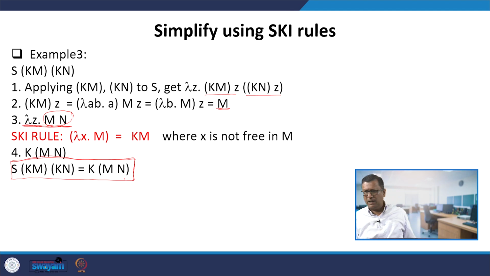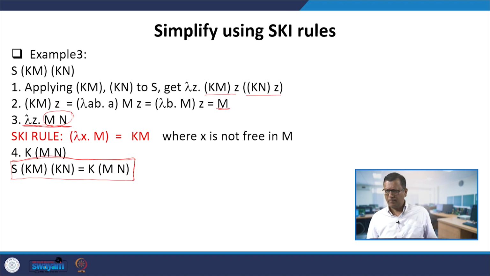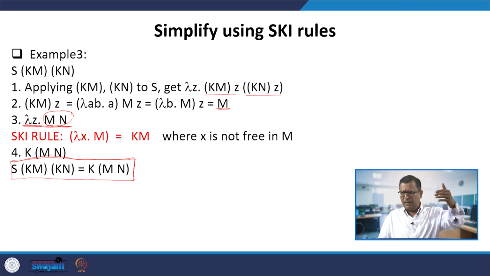Now, recall that we said that, given a lambda term, we want to obtain a term using SKI combinators only. We said that at some point of the derivation you may need some equivalences. These are some equivalences that we have developed. There are other equivalences too. When applied, you can easily derive a term for a given lambda term.